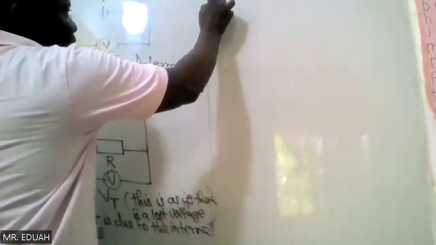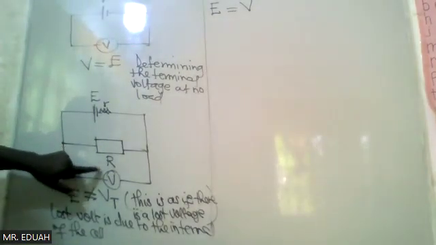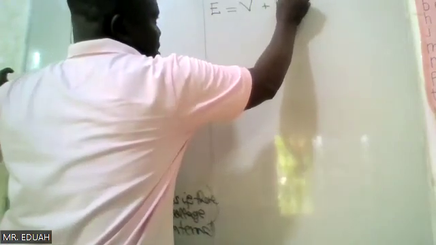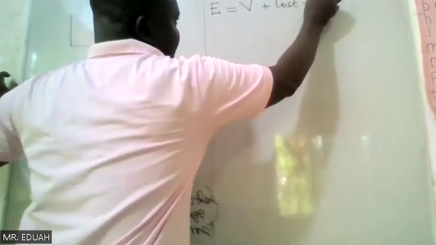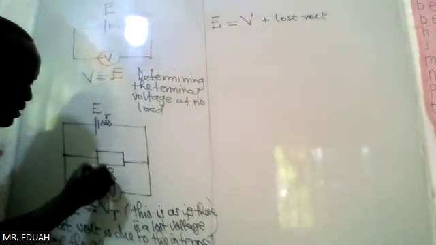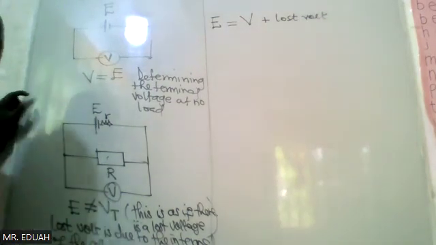So to account for that loss, the source EMF E must be equal to the terminal voltage across the resistor V plus the lost volts. When we account for the lost volts and add it to the voltage drop across the resistor, which this is measuring, we get that equality.